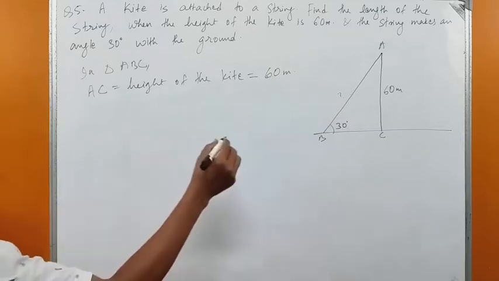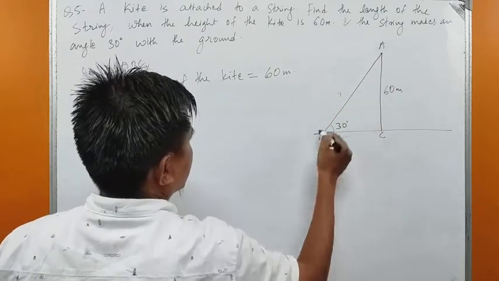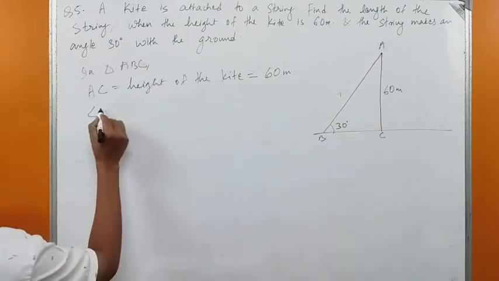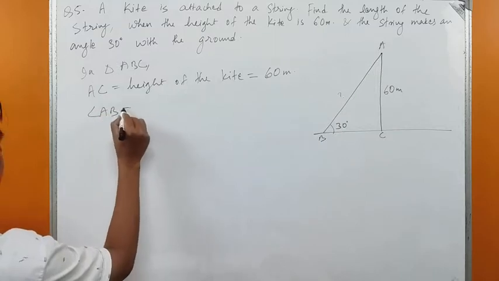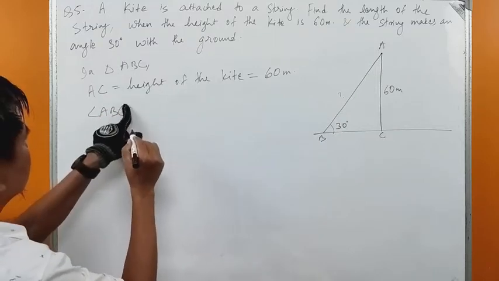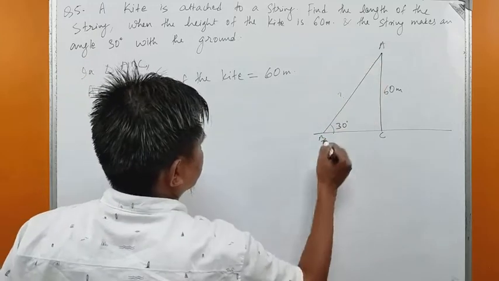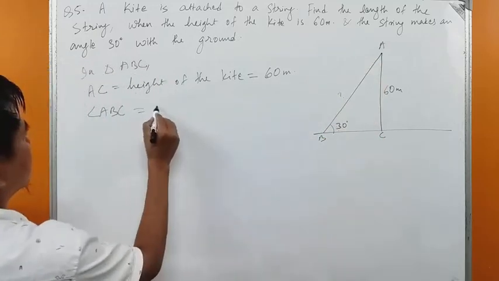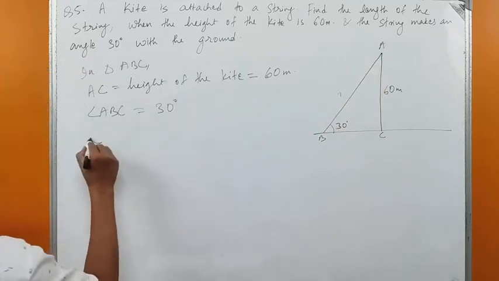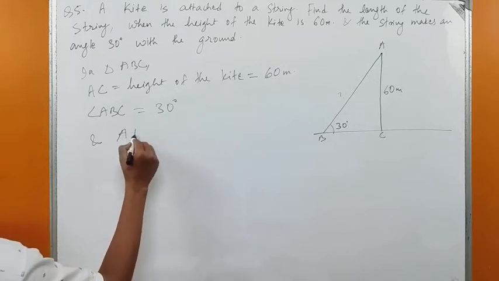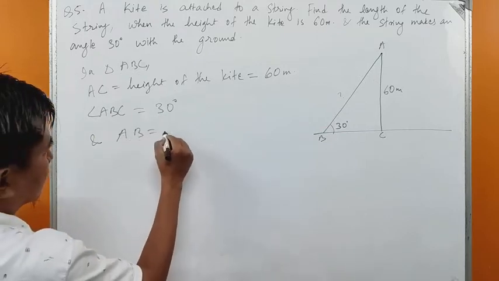So angle ABC equals 30 degree, and AB equals the length of the string.